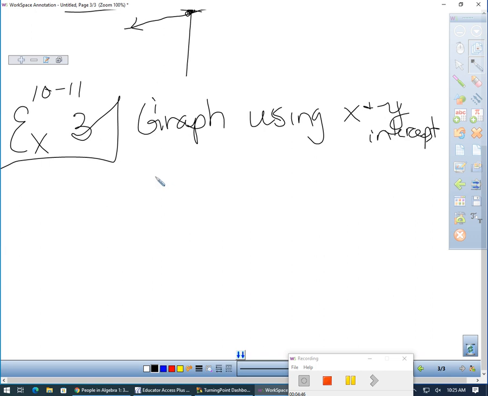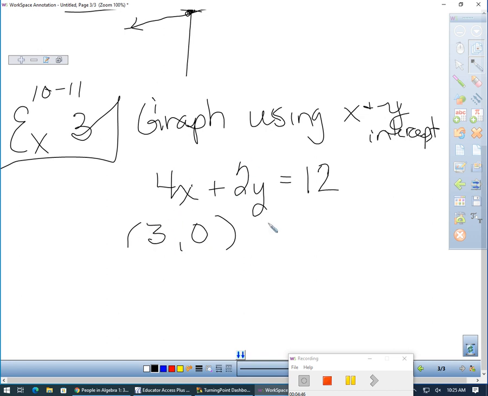All right, and here's your equation. Let's go with 4x plus 2y equals 12. So let's do our x-intercept first. If I put 0 in for y, what does x equal? 3.